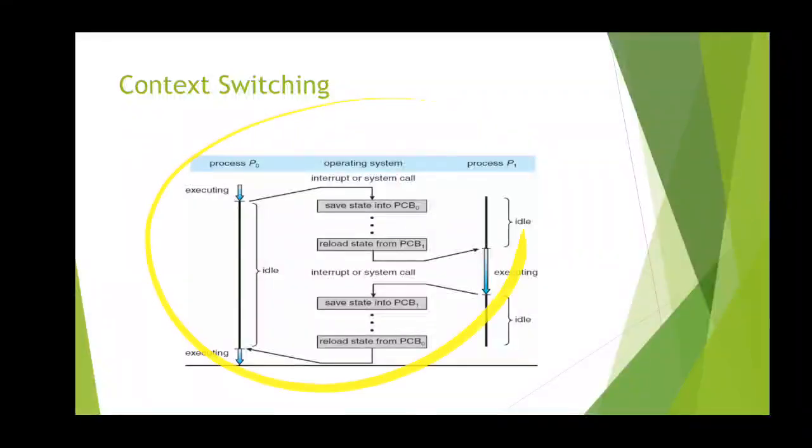Here you can see the timing diagram of context switching. In this timing diagram there are two processes, process P0 and process P1. Initially the process P0 is executing, and during the execution, due to some reason, the process P1 wants to execute. So a context switch happens. This context switching involves saving the state of process P0.